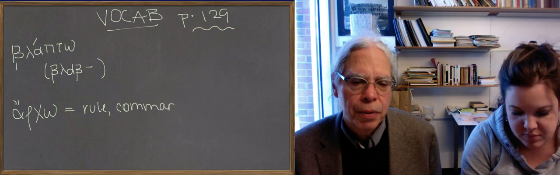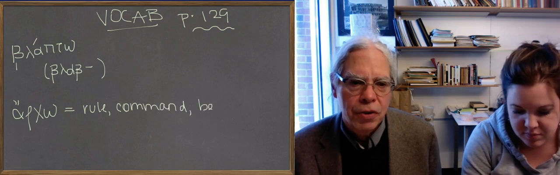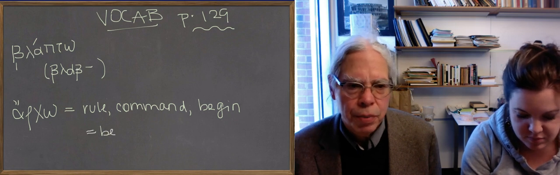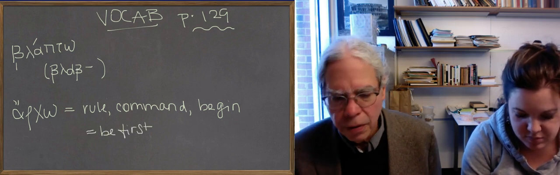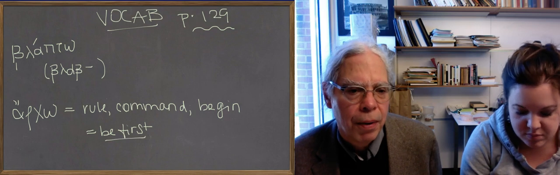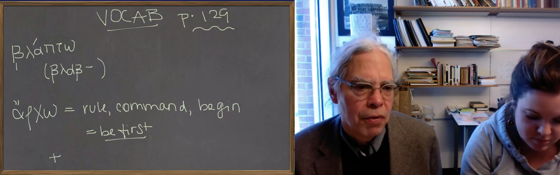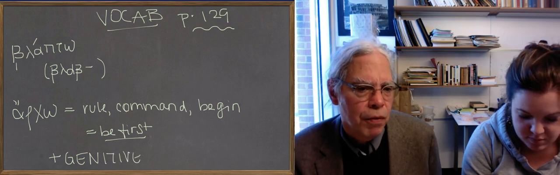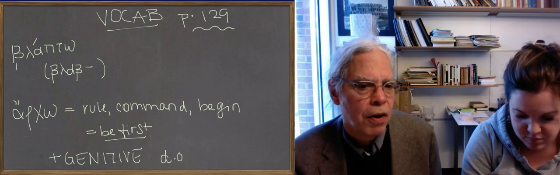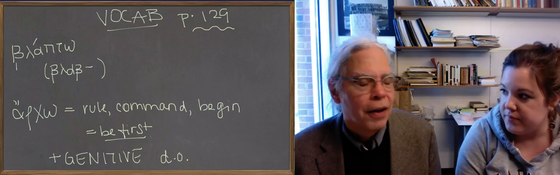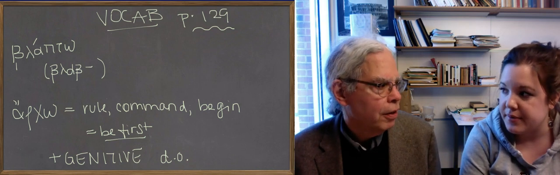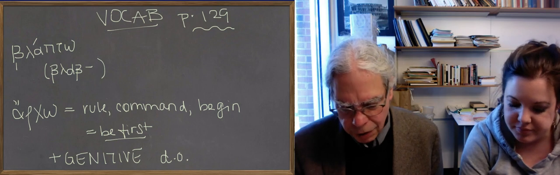So the person who's first is in charge and rules, but is also the person who begins. The most important thing about it is that it governs a direct object in the genitive case, because it did mean be first. So it meant be first of a group, right? And then that explains why you begin with a genitive object. So it originally made sense.